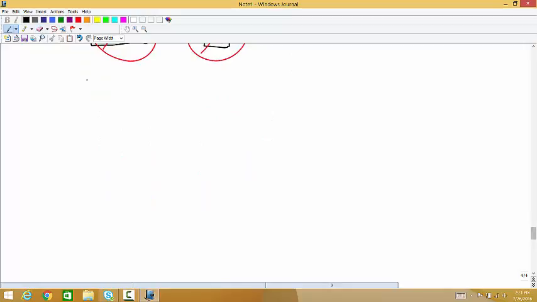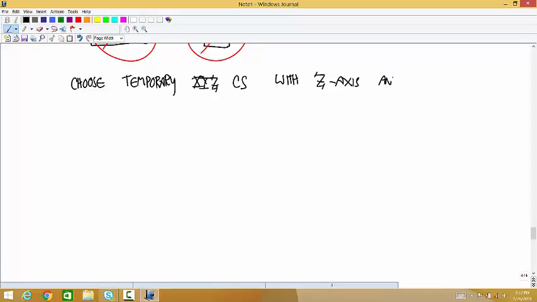Okay, so again, we're going to choose a temporary capital XYZ coordinate system, with the capital Z axis pointing as an outward normal to the wall.